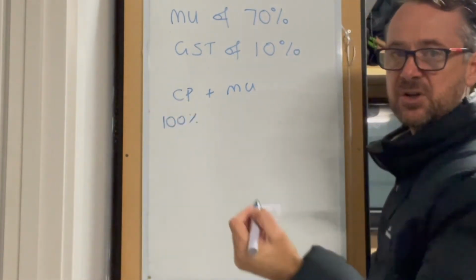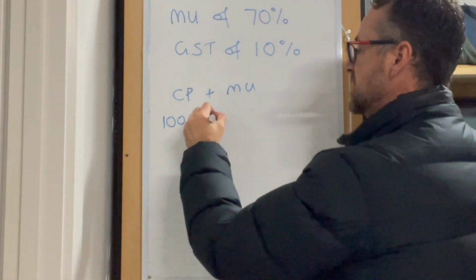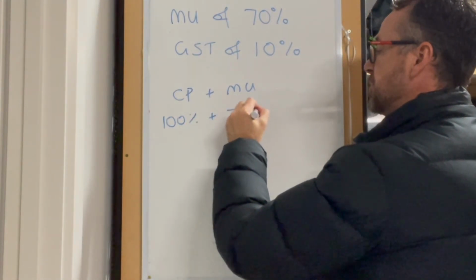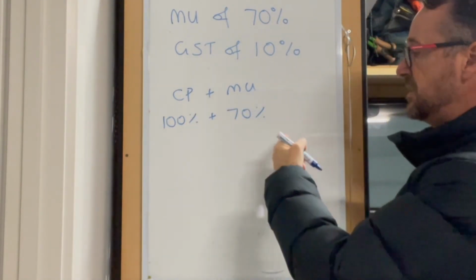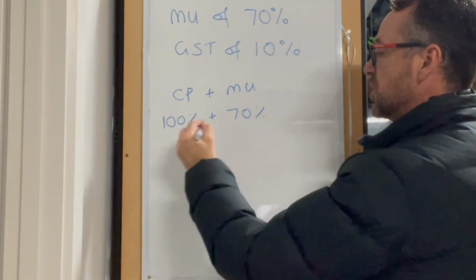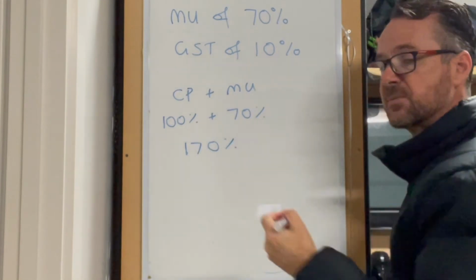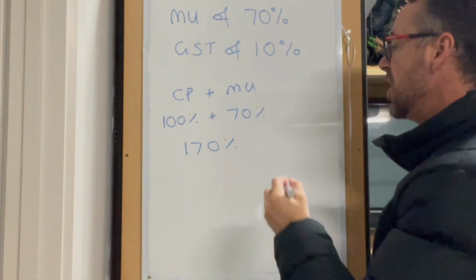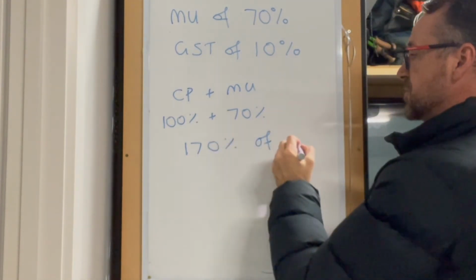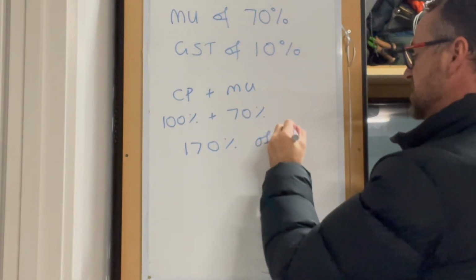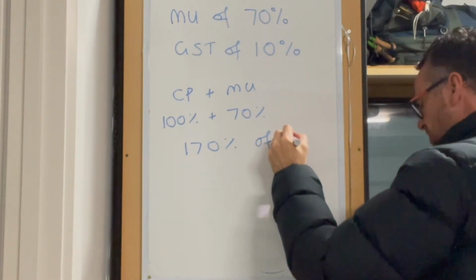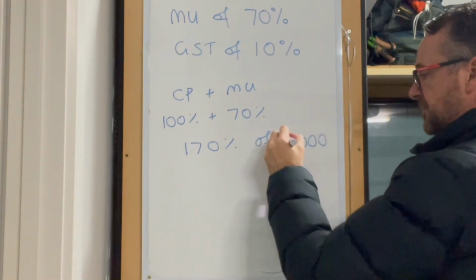So 100% of what you pay for something, plus the markup that the person has put on that item. In this case, it's 70%. So that gives us a total price of 170% of the cost price. Okay, which in this case is a $2,000 outfit.